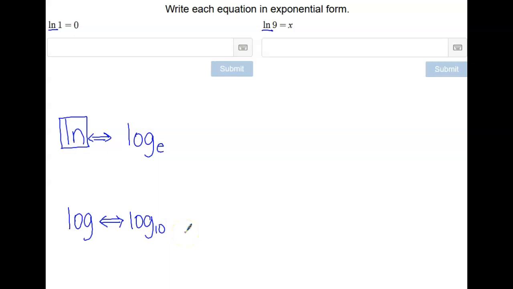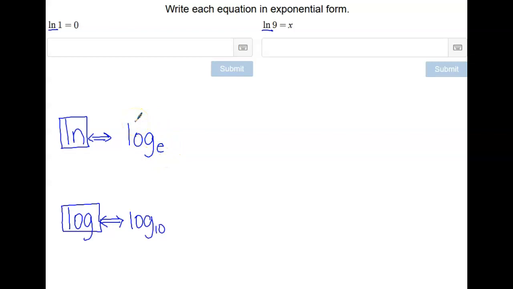Okay, and I know we touched on this a little bit, but you again will not see a log base 10 button on your calculator. You will only see a log button. So that's why we want you to understand that just the word log means log base 10, and just the abbreviation ln is the same thing as log base e.